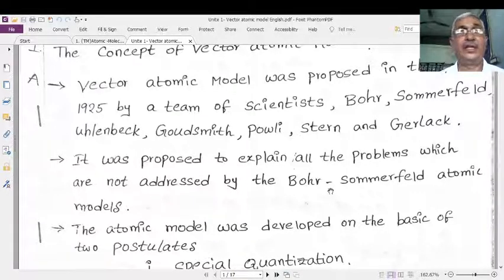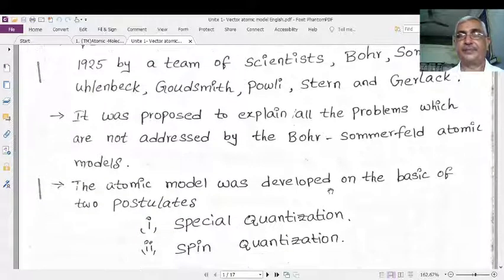They have only discrete orbits, not continuous orbits. Only in specific orbits of certain direction and certain magnitude will they rotate. This is what is known as spatial quantization.